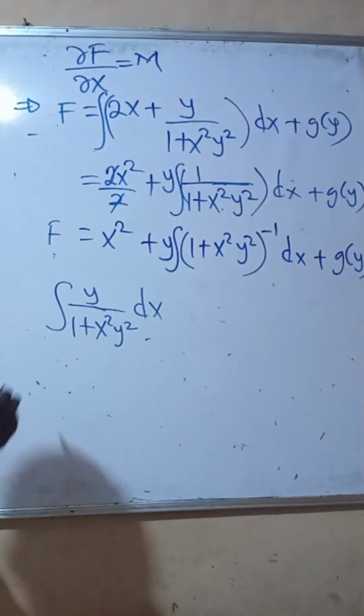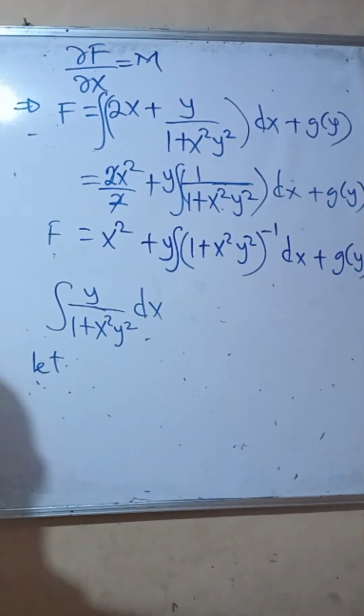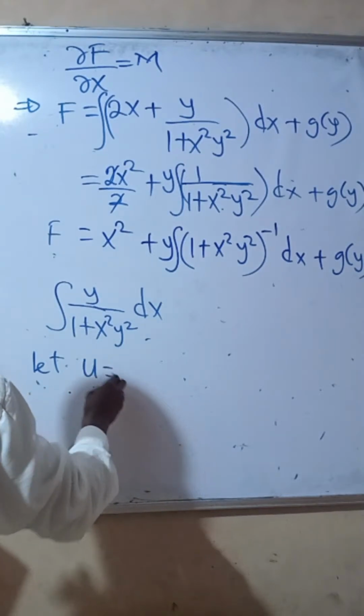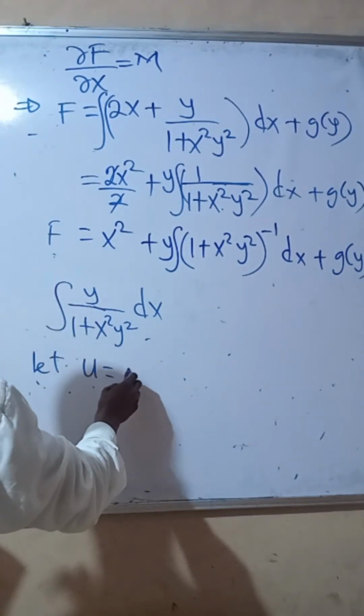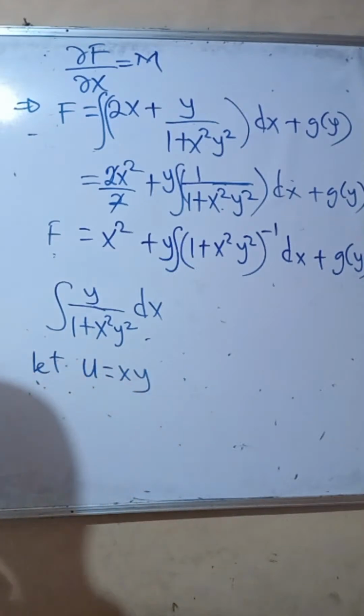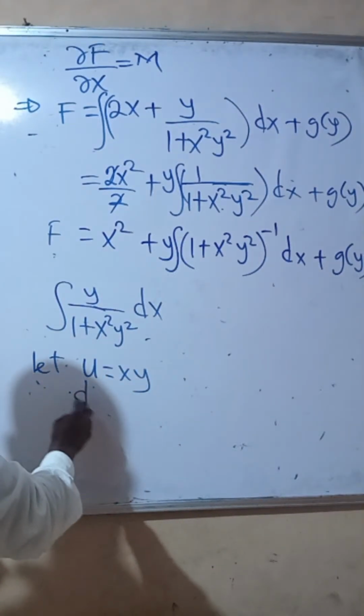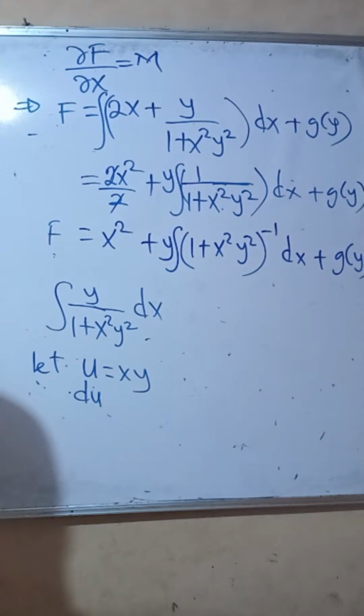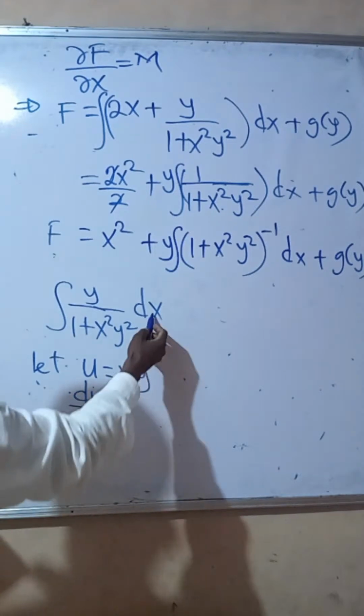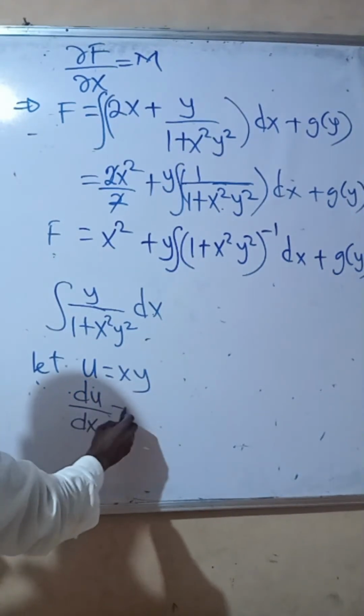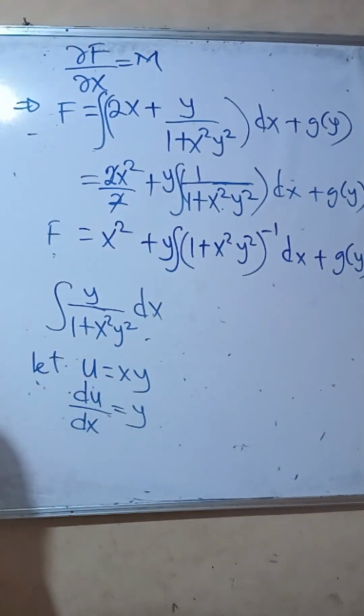So what we're going to do, let's make a u. Let u be equal to xy. The du with respect to x, because the function is of x, du with respect to x is y.